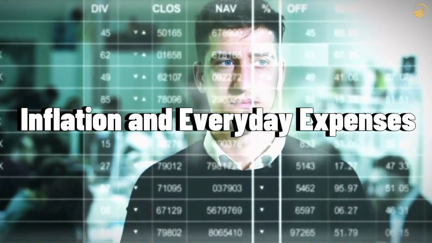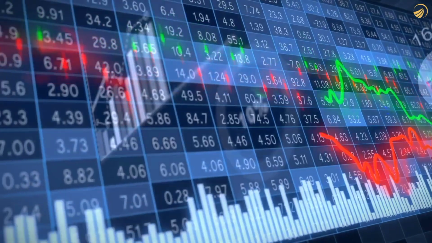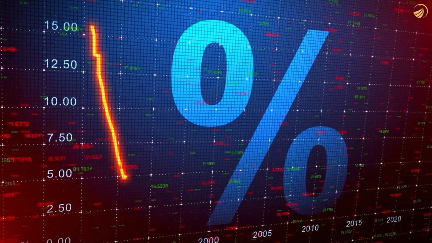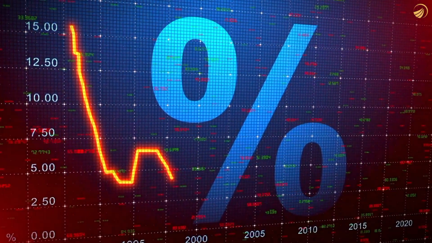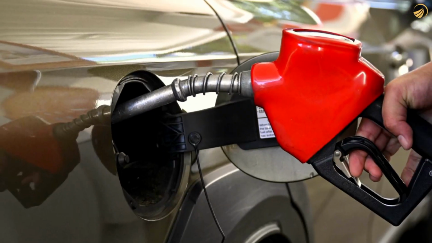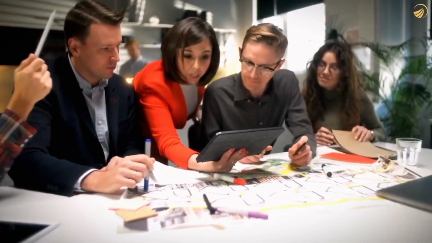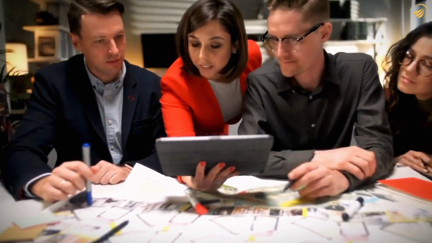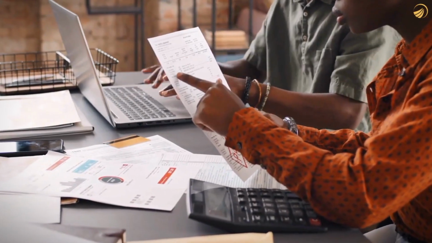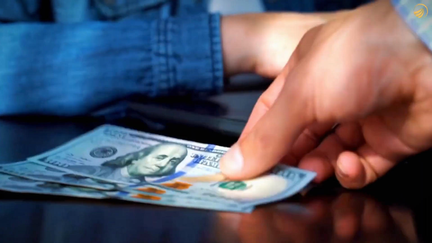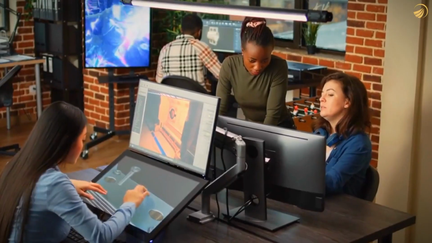Inflation and everyday expenses. Even as interest rates rise to combat inflation, consumers continue to face higher prices for everyday goods and services. Food, gasoline, utilities, and healthcare costs often increase during inflationary periods, squeezing household budgets. Higher interest rates may eventually help to curb these price increases, but the immediate impact can be challenging for consumers.